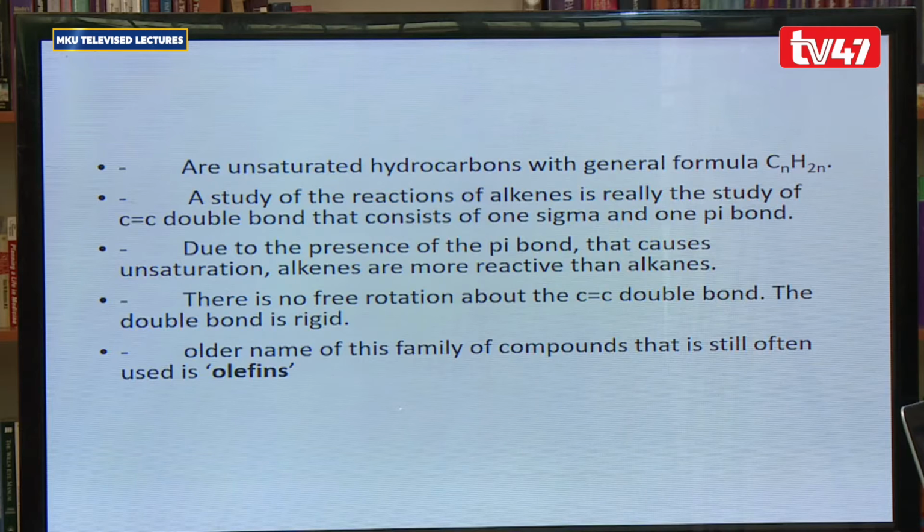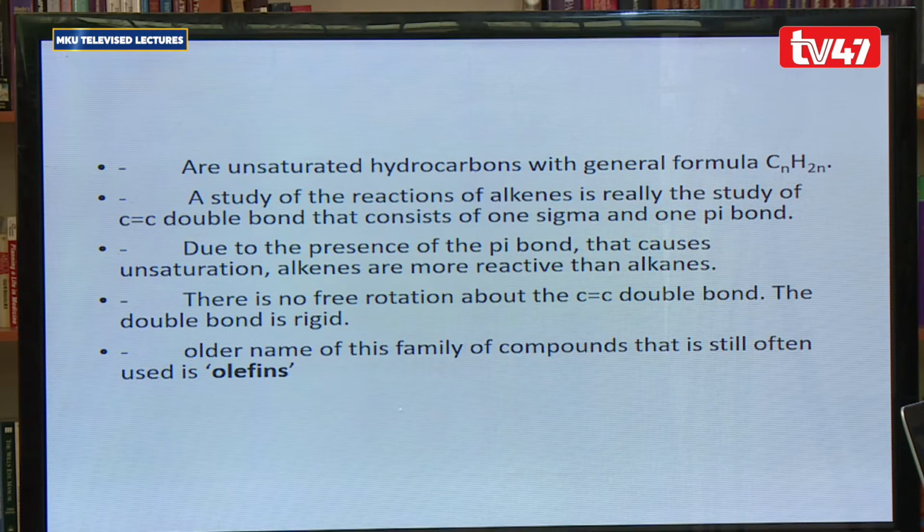Now, I've already said that hydrocarbons are those organic compounds that contain carbon and hydrogen only as the only elemental composition.